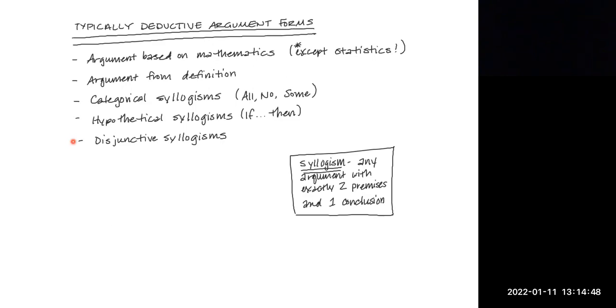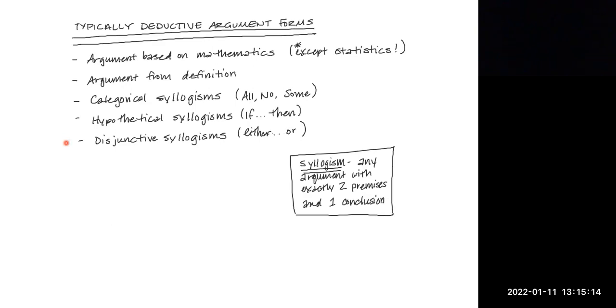And lastly, we want to treat disjunctive syllogisms as typically deductive as well. The disjunctive syllogism involves not an all, no, or some or categories, not a conditional statement like an if-then statement, but instead it's an either-or statement. So with a disjunctive syllogism, you might have an argument like this.